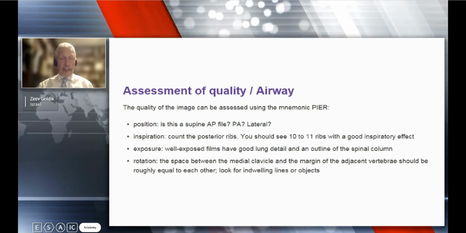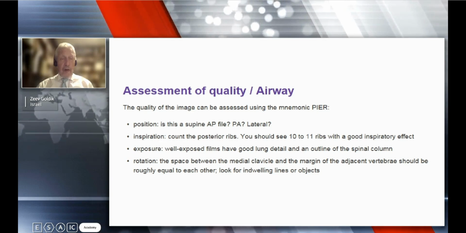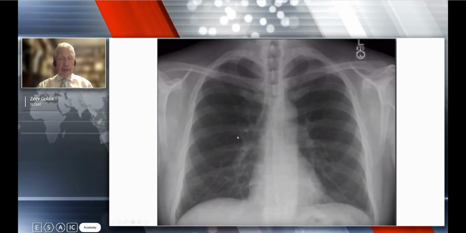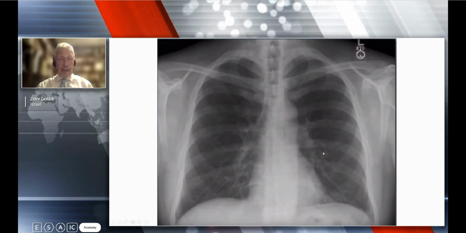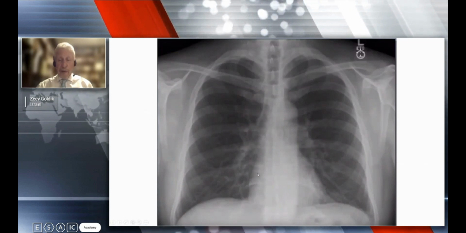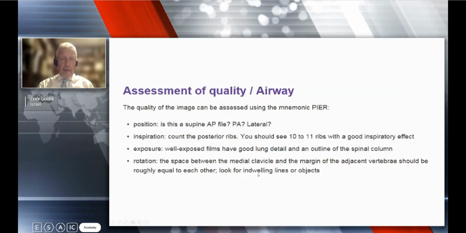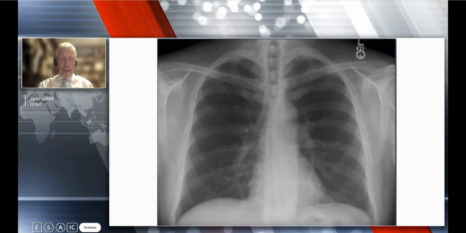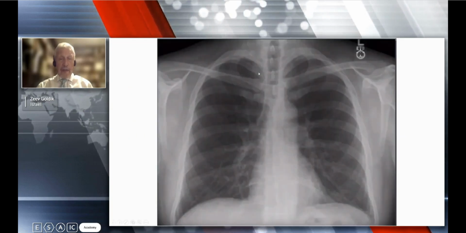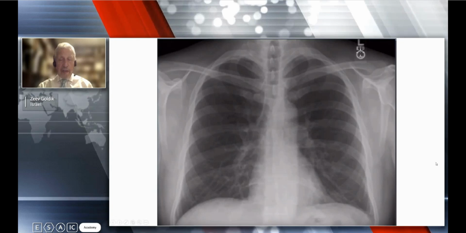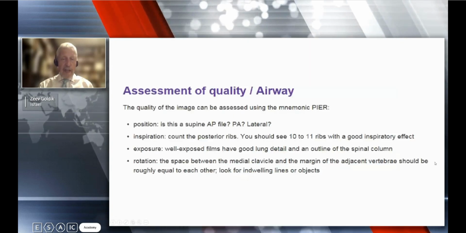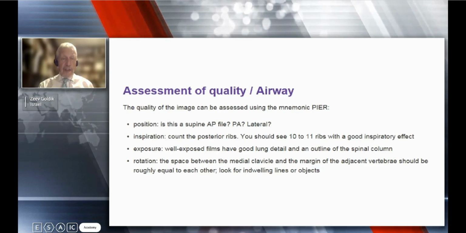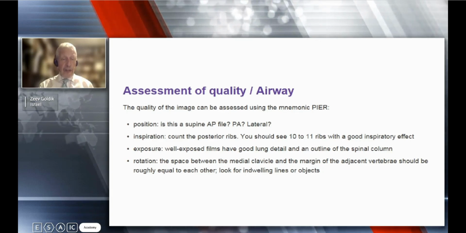Is it well exposed? We have to look at the lung details, which are very well seen here. And also we have to look at the outline of the spinal column, which here is very well seen. That means this exposure is very good. And Pierre: position, inspiration, exposure, and rotation.